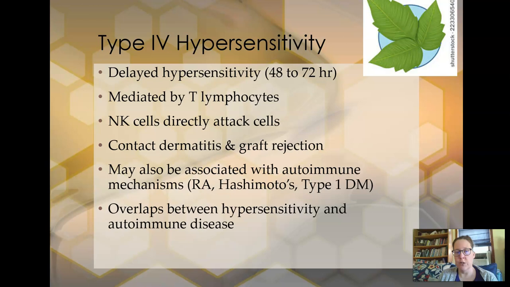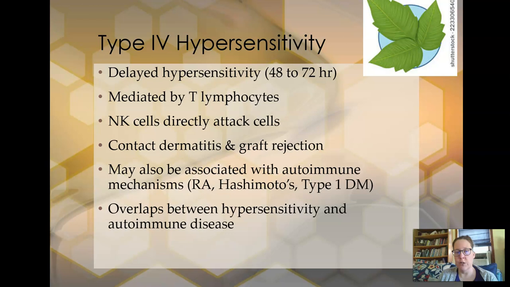It can also be associated with autoimmune mechanisms. So RA has some parts of type 4 hypersensitivity in it, Hashimoto's and type 1 diabetes. In Hashimoto's, you have destruction of the thyrocytes. The antibodies are actually specifically to thyroglobulin and thyroid peroxidase, which are proteins inside the follicular cells.